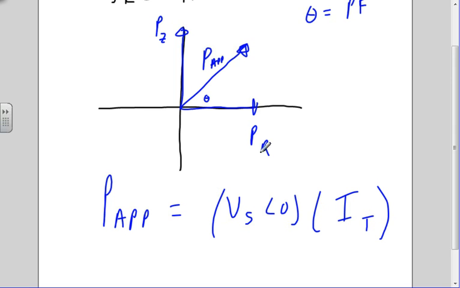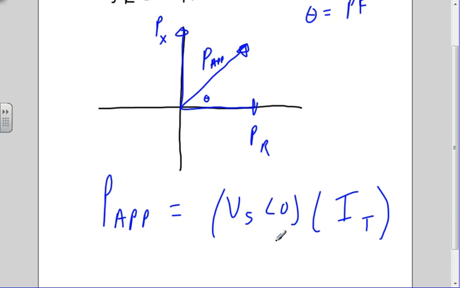Whatever the source power supply is times the total current, that's going to be the apparent power. The total current is going to have some phase associated with it, theta, because there's going to be an inductive component and a real component, so there's going to be some angle associated with it. Yeah, you're right. That was a bad thing to use there.